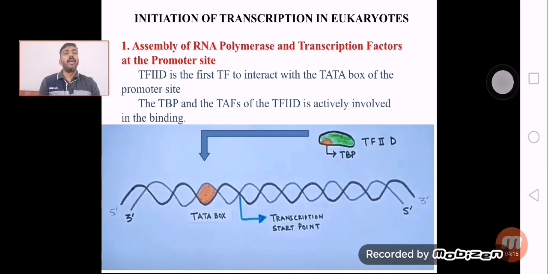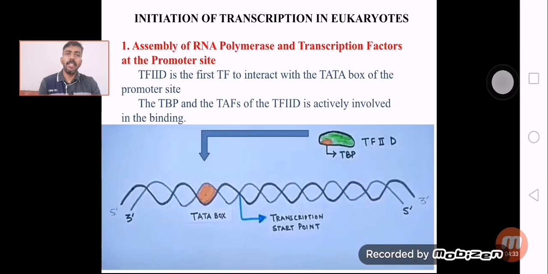So the TFIID will go and bind with specific sequences in the chromosome, what we call the core promoter region, or even more specifically the TATA box, which is located at around -25 in the upstream site.